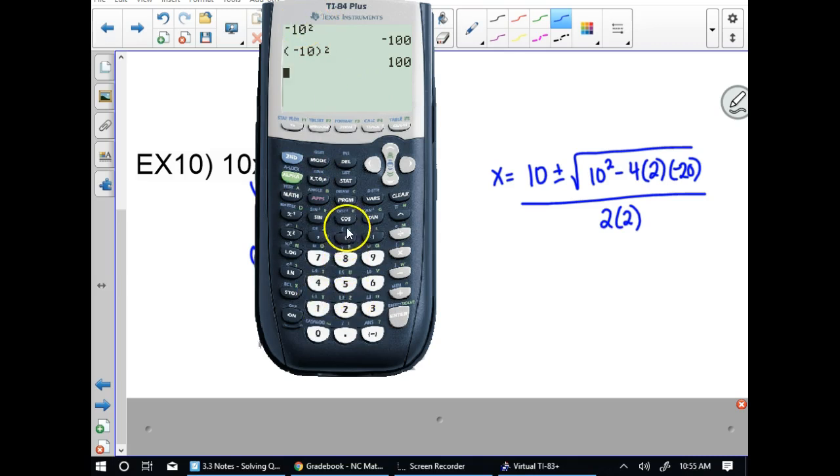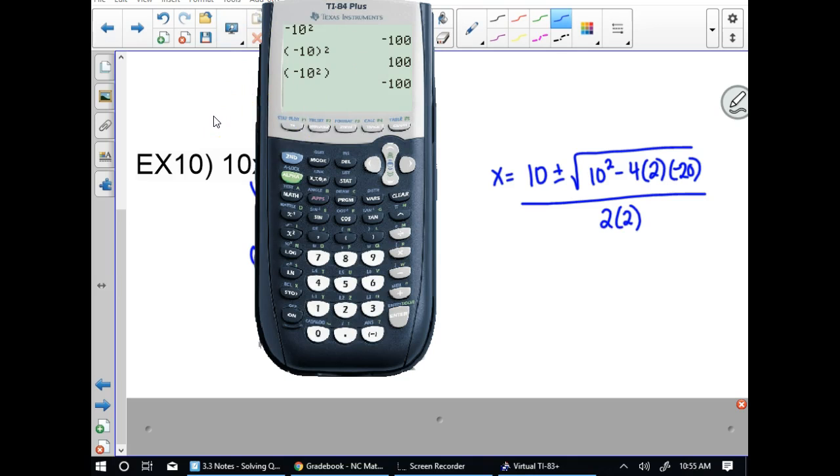Or if you do -10, and you hit the square before you close your parentheses, it's going to do it wrong. So I just always leave it off. Because it doesn't make a difference, because I know that when I square something, it's positive. So I just leave that negative off altogether. It keeps me from typing that in wrong whenever I'm working something really quickly.